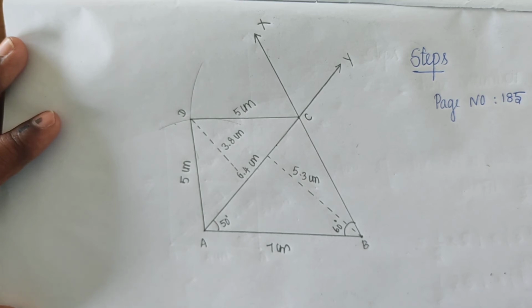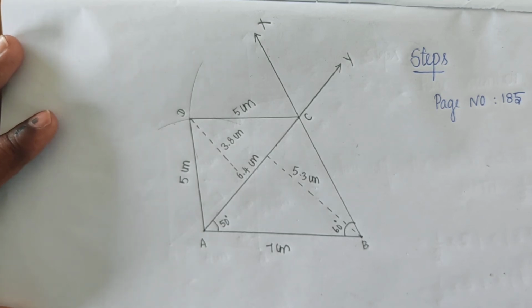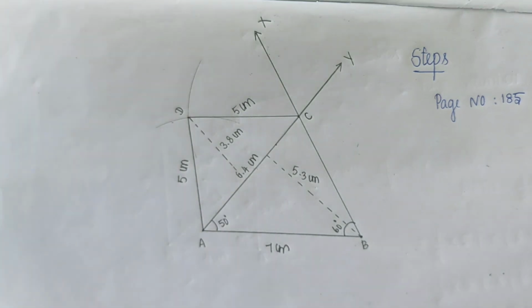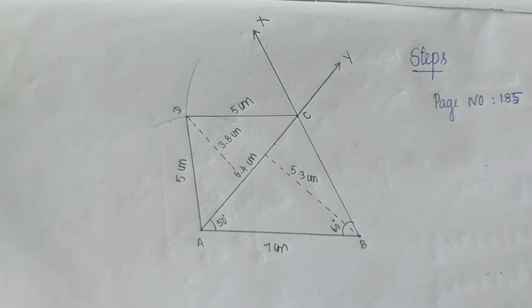See the 5 steps, turn to page number 185 in the book, and you see the steps. Write the steps in your note. Okay, students, quick, fast.